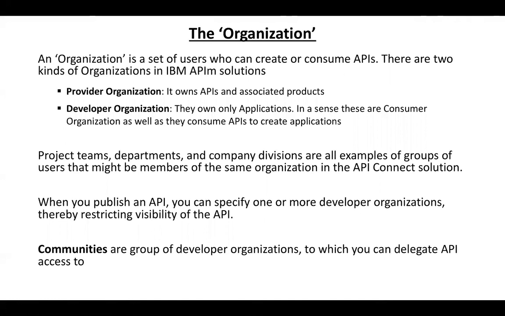So no matter what you are writing behind the scenes, they must be packaged in the form of these APIs and microservices in order to be usable to the world.